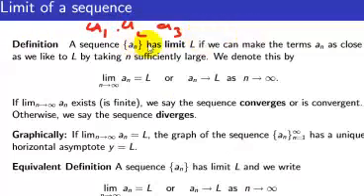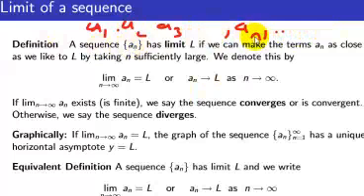This is the general term a sub n. So we have an infinite sequence. As n tends to infinity, what happens to this sequence?